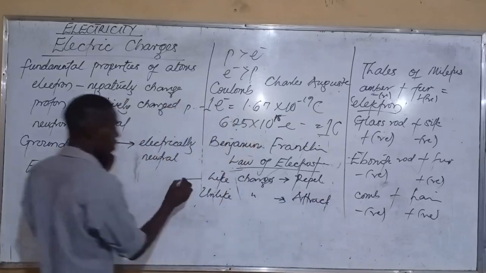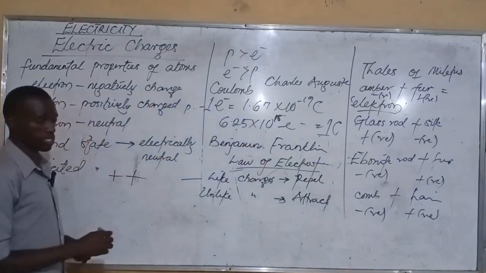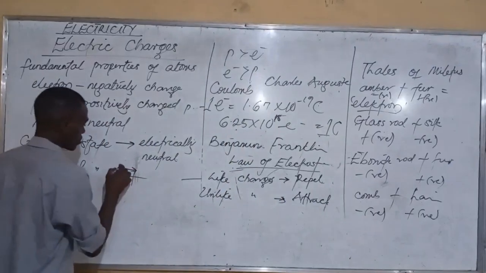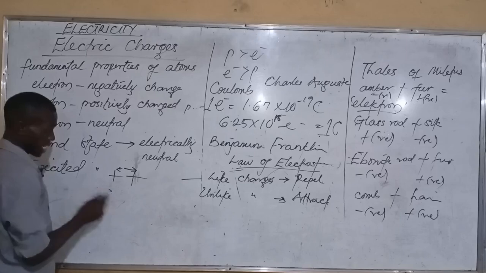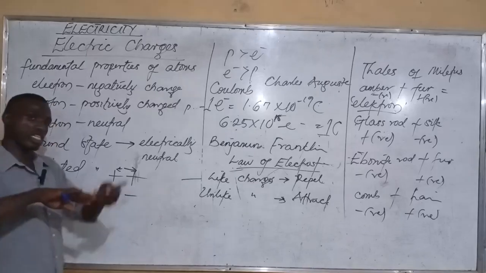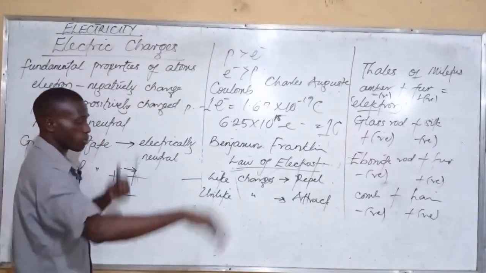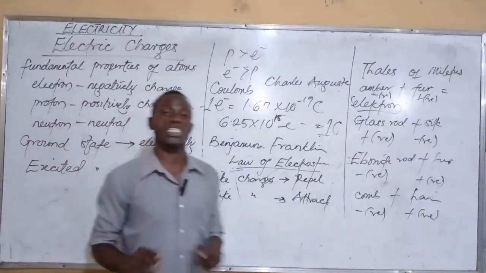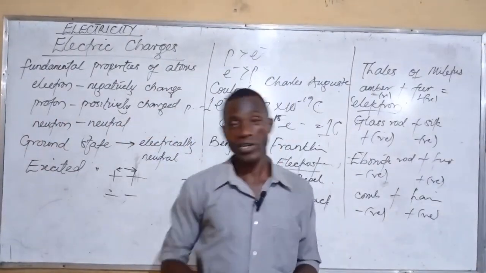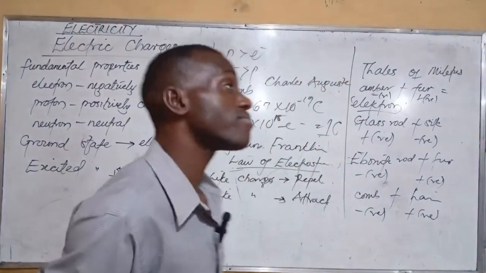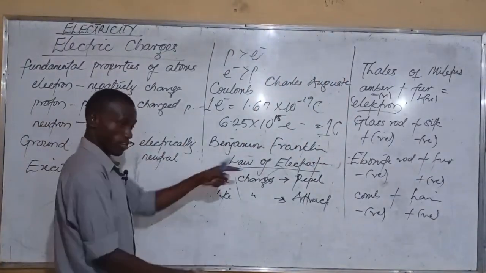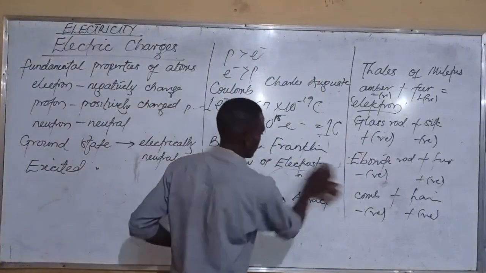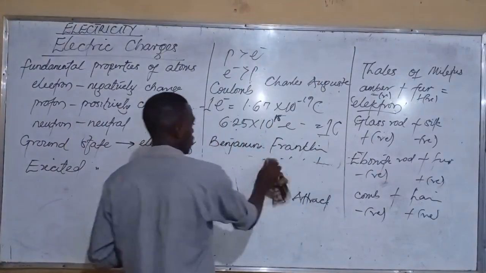So law 1 is saying that when positive meets positive, there is a repulsion. When negative meets negative, there is also a repulsion, a pushback, a push away. But when positive and negative meet each other, more like when boys and girls meet, they attract. Okay, so that's the law of electrostatics.